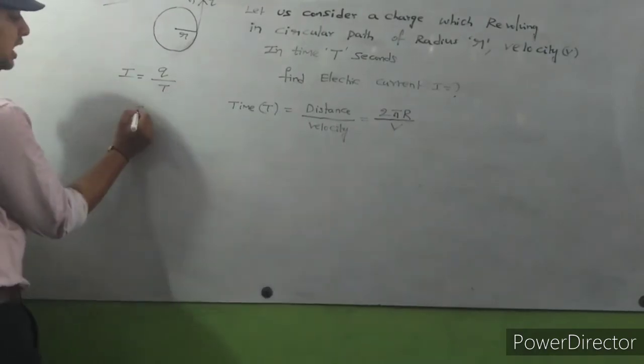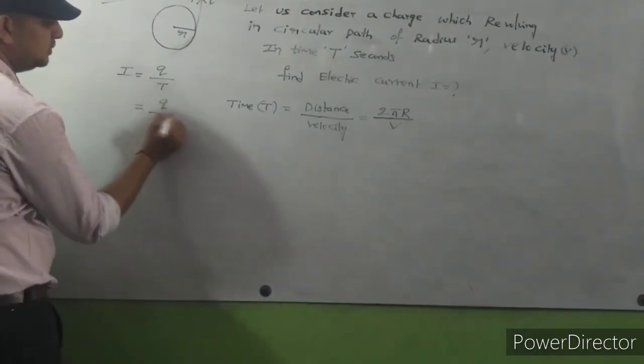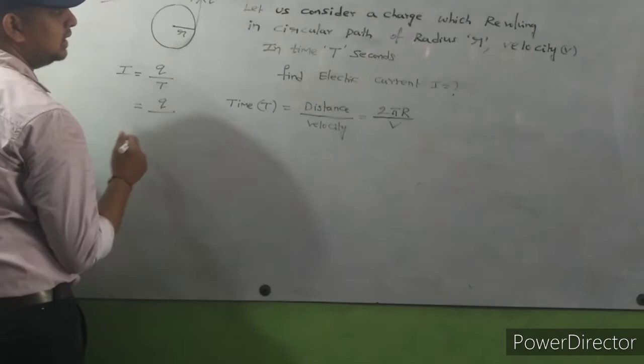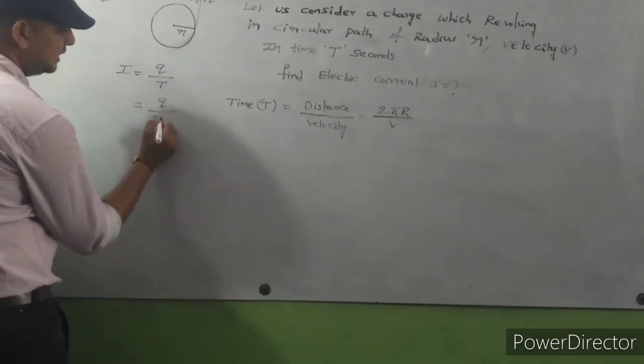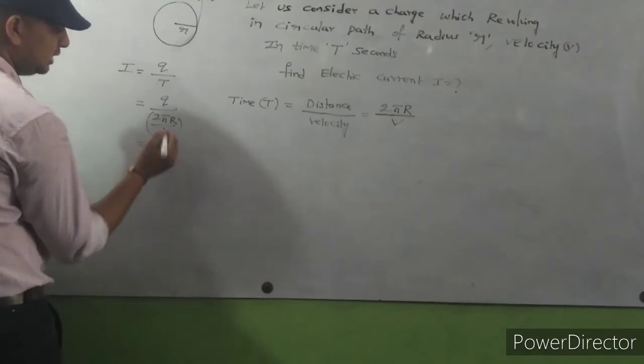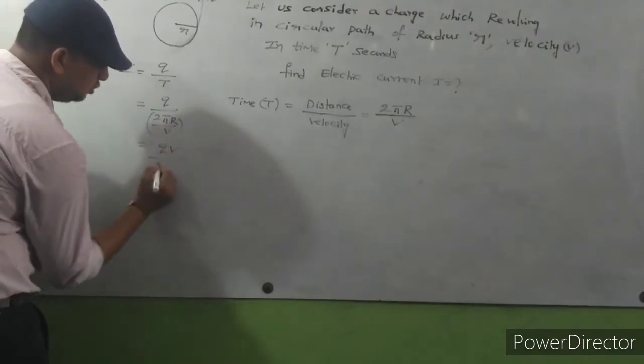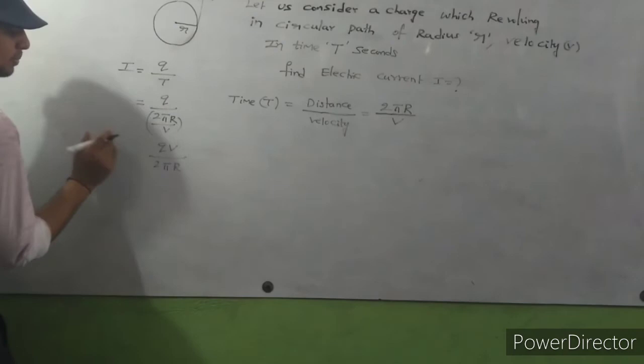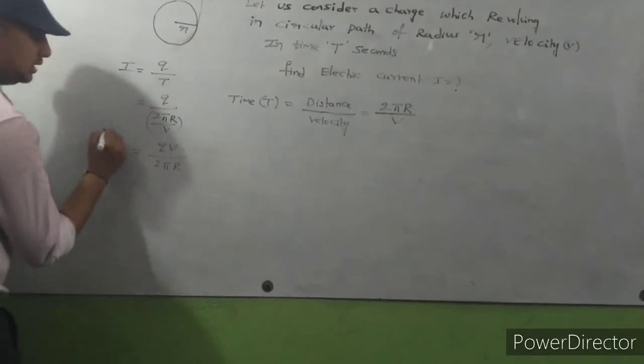Substitute here. Charge is q, and time is 2 pi r by v. Then finally we get I = qv by 2 pi r. This is a very important formula.